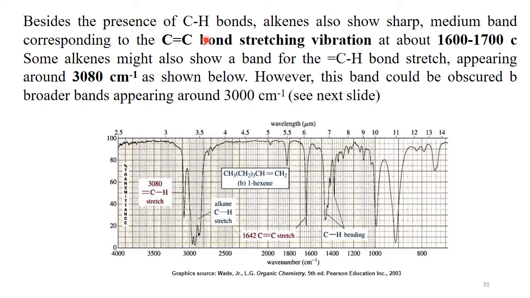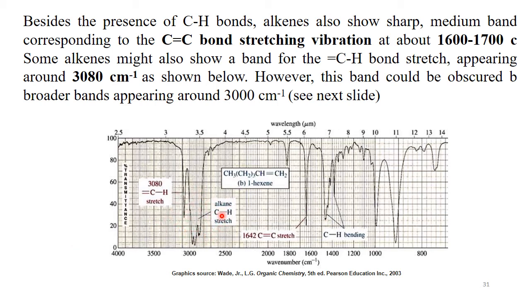Besides the presence of C-H bonds, alkenes also show a sharp medium band corresponding to the C=C double bond stretching at about 1600 to 1700 cm⁻¹, as shown here in this peak. Some alkenes might also show a band for the double bond C-H stretch appearing around 3080 cm⁻¹, as shown below.